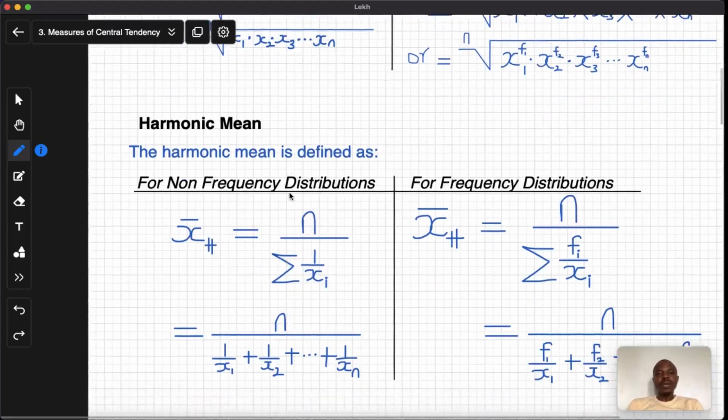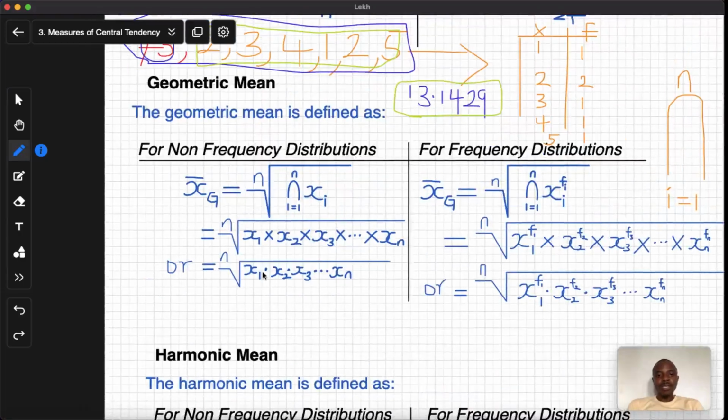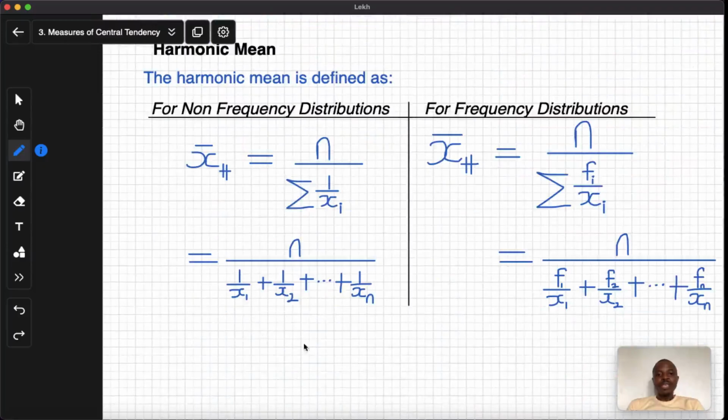For the geometric mean, just imagine that x1 is 0. Then it means that you will get a geometric mean of 0. You don't need to have two observations to be 0. As soon as one observation is 0, your geometric mean will be 0. Then for your harmonic mean, if any of the observations is 0, don't forget that what you are doing is n over.